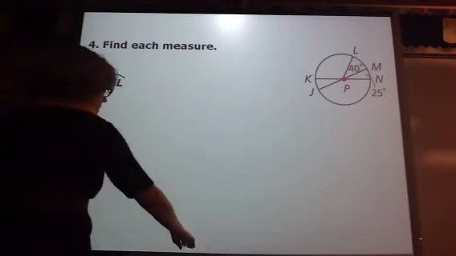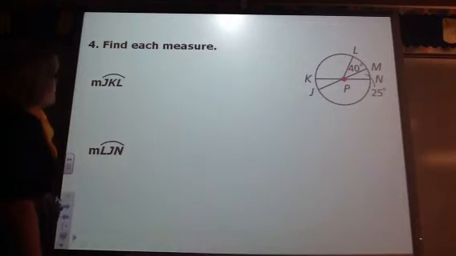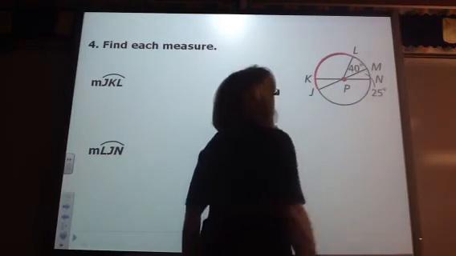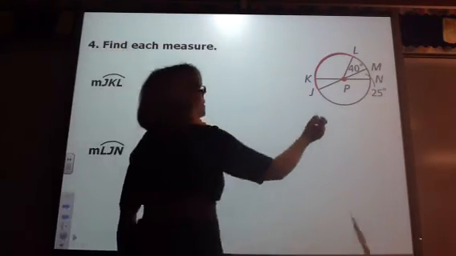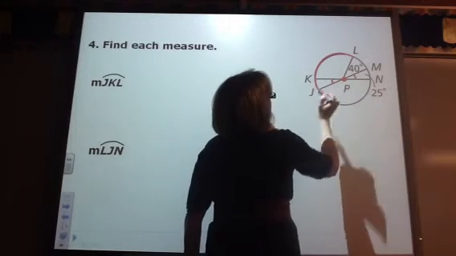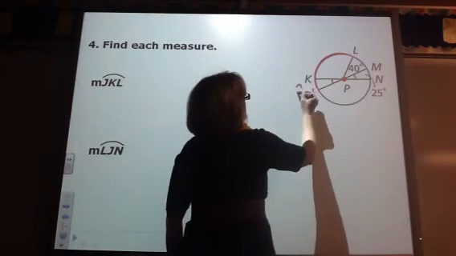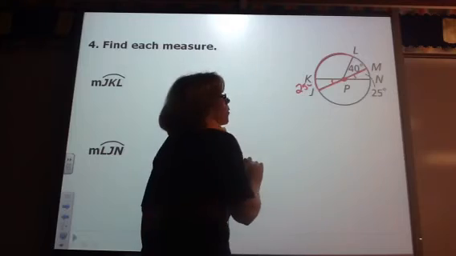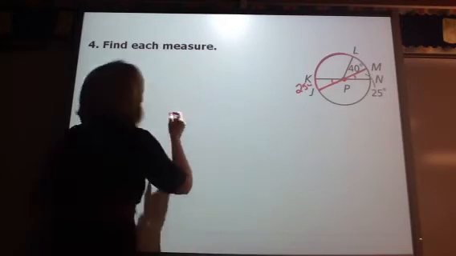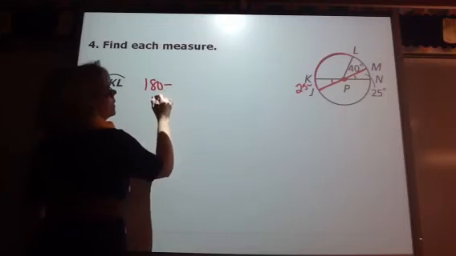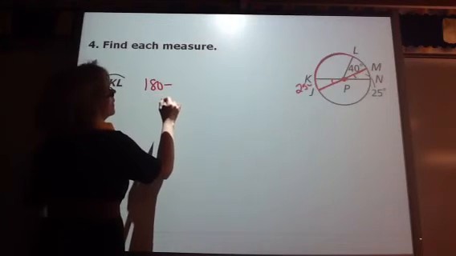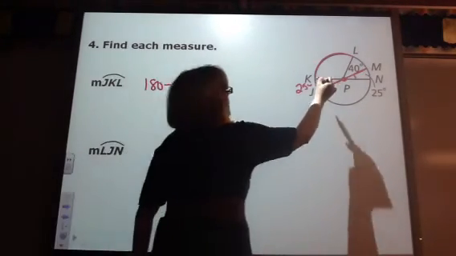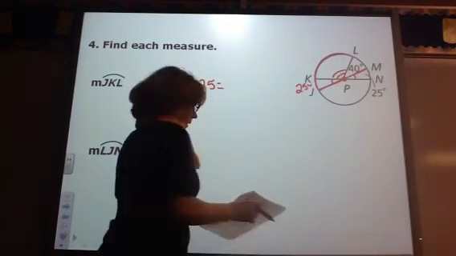All right, find each measure. Arc JKL. JKL, that's this right here. Well, if this here is 25, I know this here is 25. JM is your diameter, therefore that is a semicircle. So I can take 180 minus the 40 and the 25, and I will get this measurement right here.